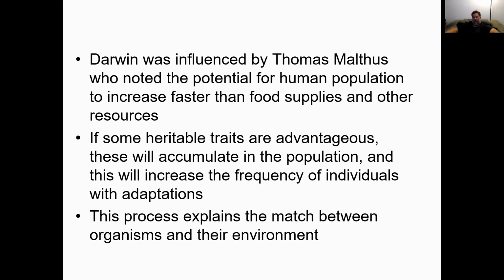It may not be an advantage anymore. Maybe the advantage of being the wild population gives that mosquito a different trait that gives it a better chance of survival than the ones that have that resistance trait. But anyway, this natural selection is the process that explains the match between the organism and the environment, this adaptation.